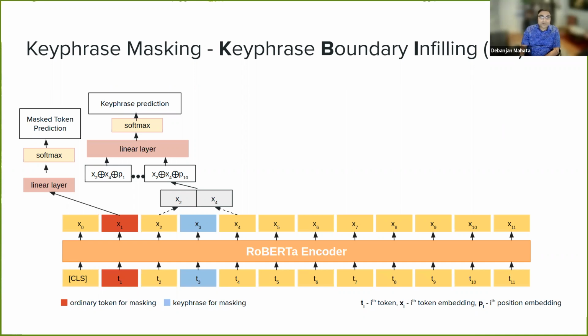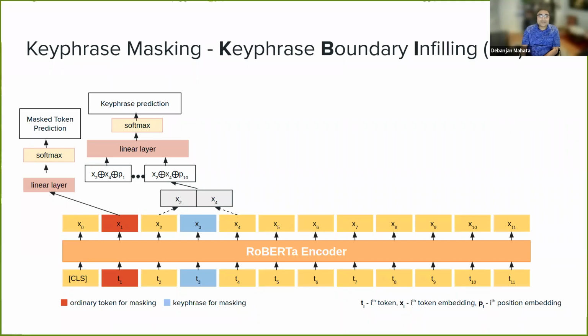We were inspired by the text infilling task proposed by BART, but BART did it in a generative setting. How would you do it in an encoder setting? That's what makes this approach really novel.